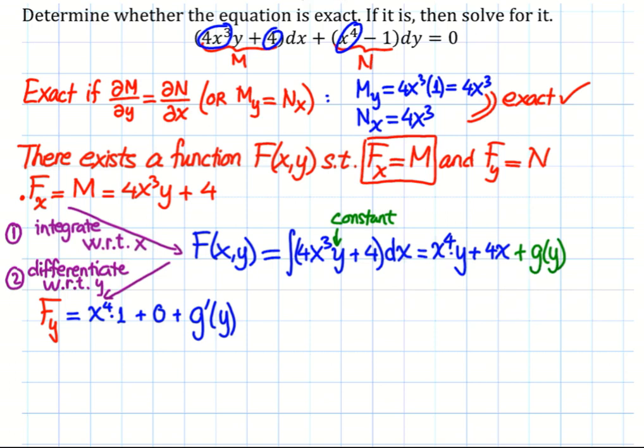Right. So we haven't touched f_y equal to N yet. Now we do that. We'll make this equal to N, and N is equal to x to the fourth minus 1.